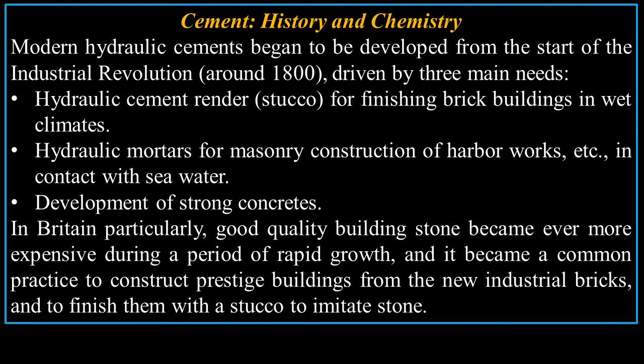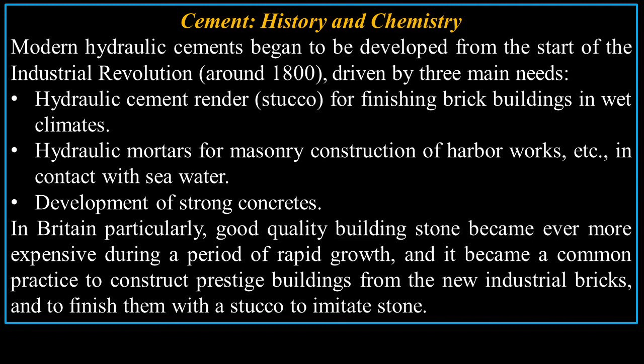Modern hydraulic cements began to be developed from the start of the Industrial Revolution around 1800, driven by three main needs: hydraulic cement render and stucco for finishing brick buildings in wet climates; hydraulic mortars for masonry construction of harbor works, etc., in contact with seawater; and development of strong concretes.